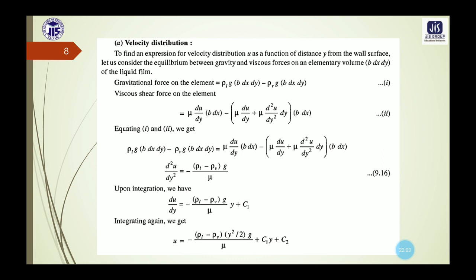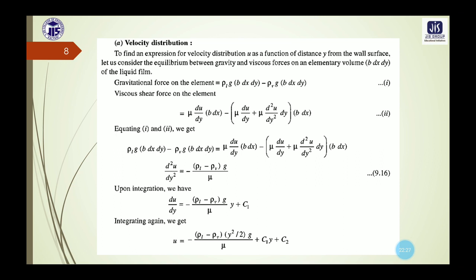That is equation number 9.16, which we get by equating the gravitational force and viscous shear force on this elementary volume. If we integrate this equation, then we will get du/dy equals minus (rho L minus rho V) into g by mu times y plus C1, where C1 is one integration constant.